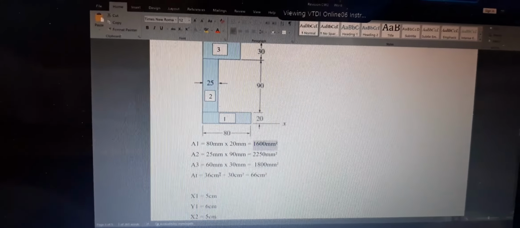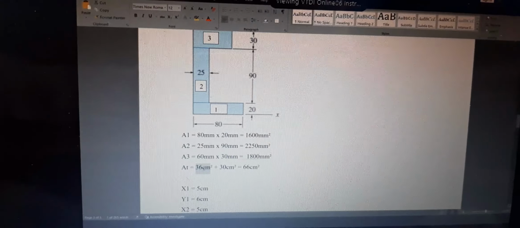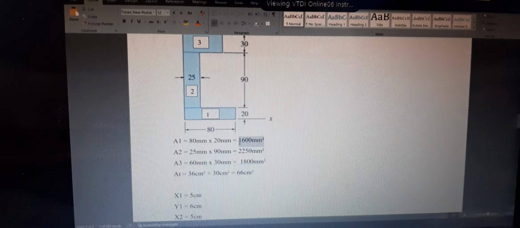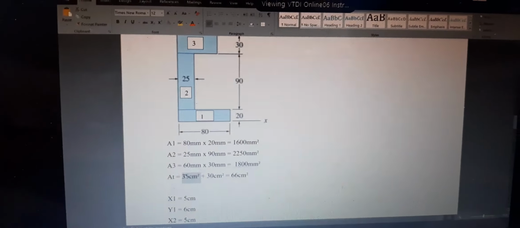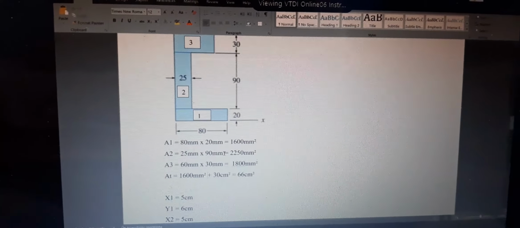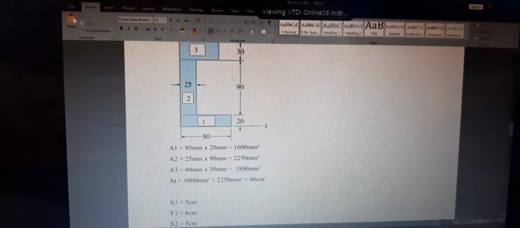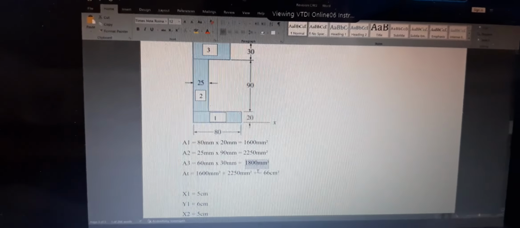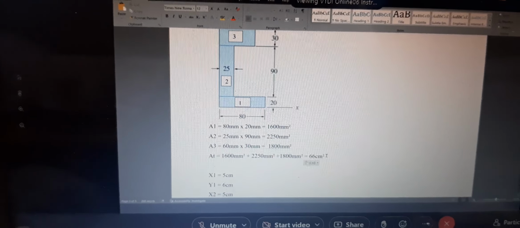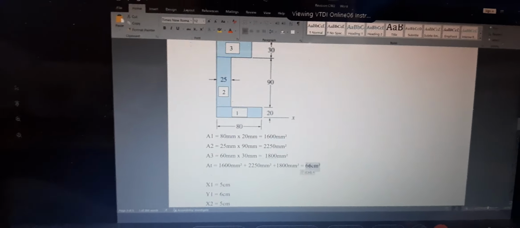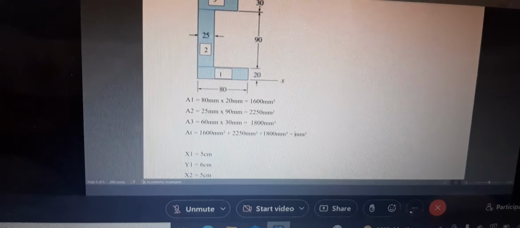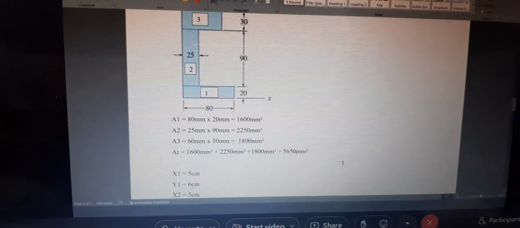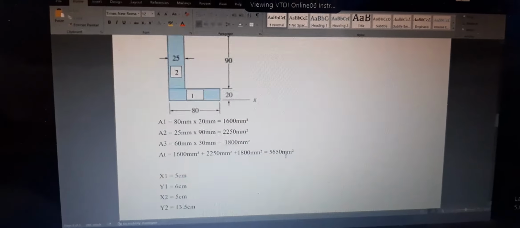So now you need your total area. Let's just add these. And when you sum that, you're going to get 5650 mm square.